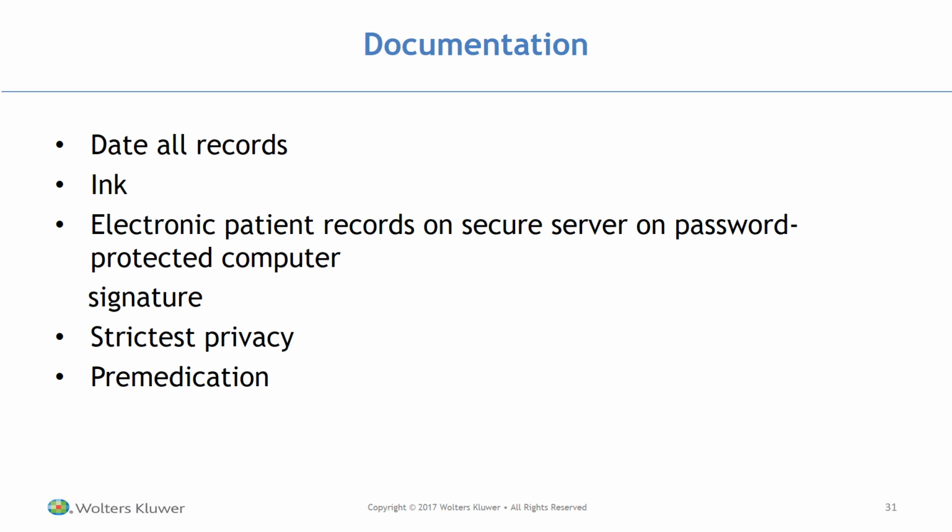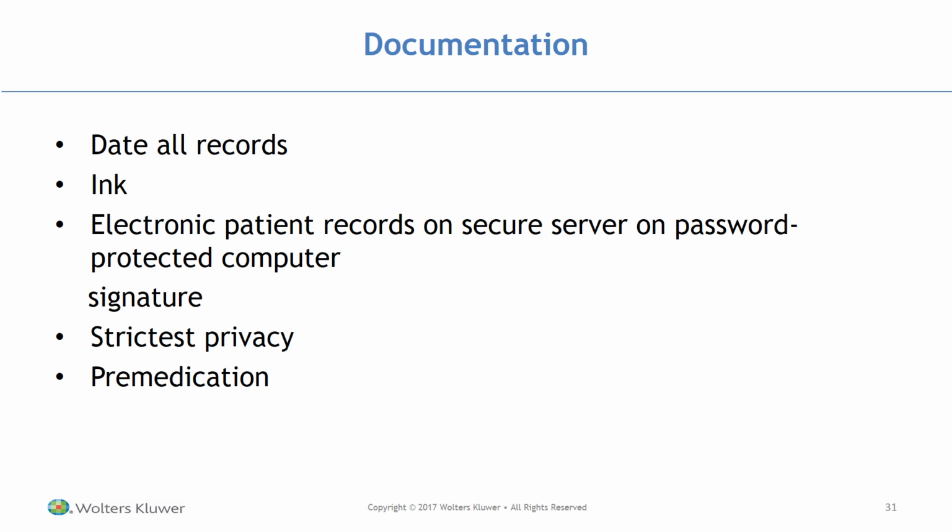Okay, date all records. Hard copy, permanent records must be written in ink. It cannot be done in pencil, so don't hand your patient a pencil. Electronic patient records must be stored on a secured server on password-protected computers with only office staff having access to the computers and passwords.